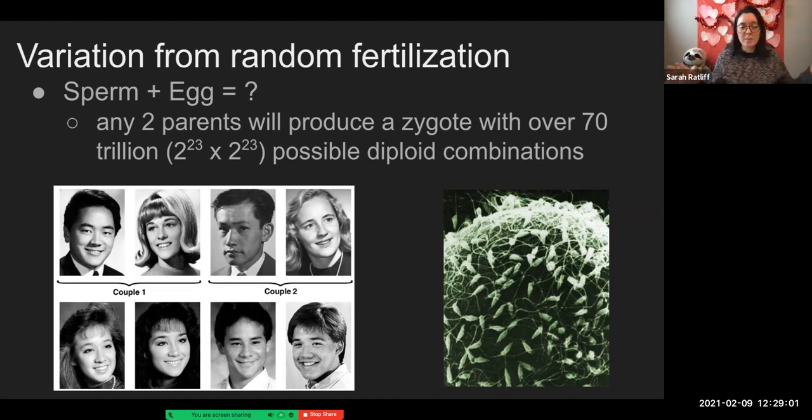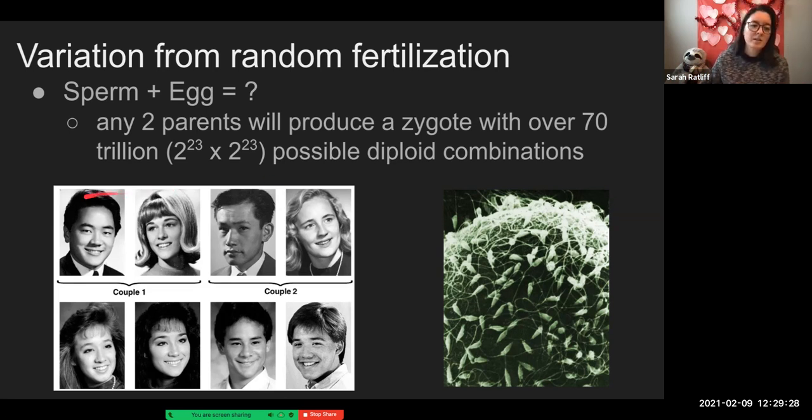They already had some mixing of traits, swapping of genetic material during crossing over. All of these things independently assorting during my metaphase 1. Also, we got this random fertilization happening. Random egg, random sperm, meeting up, creating that zygote, fertilizing that egg. Still half and half, but we don't know which genes are which.